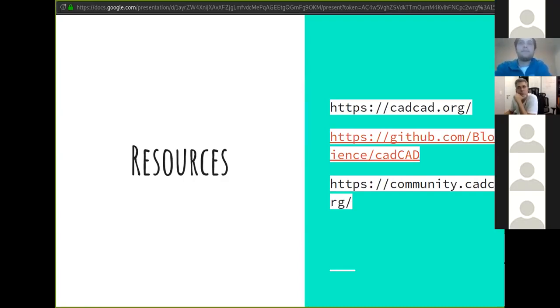Once you feel like it makes sense, you can drive right into the tutorials we have posted, which include code mostly written by Markus and some videos created in collaboration with Andrew. Ideally you clone those and start mutating them and getting a feel for what you can do. Community.cadcad.org, yes, that's right. Okay, great, thanks.